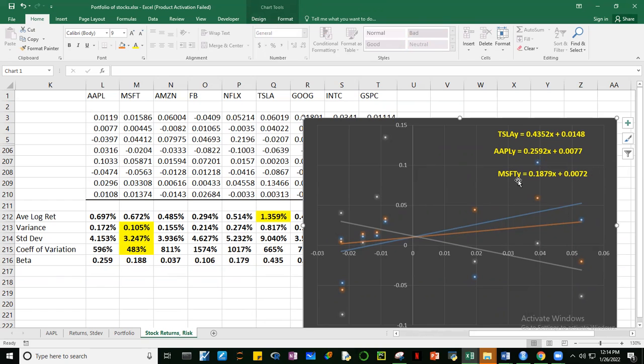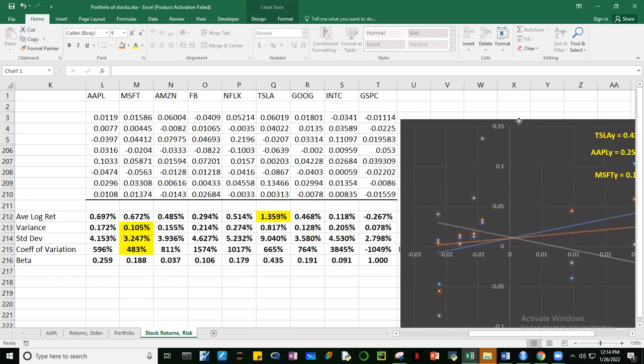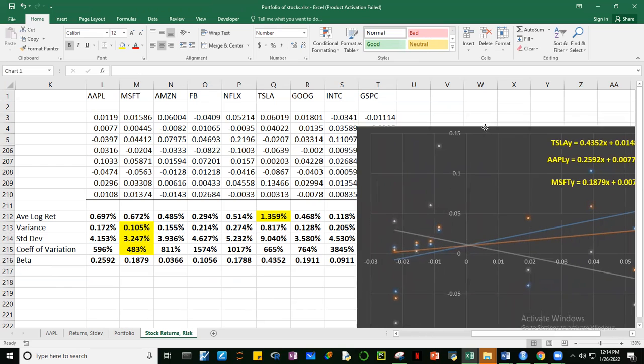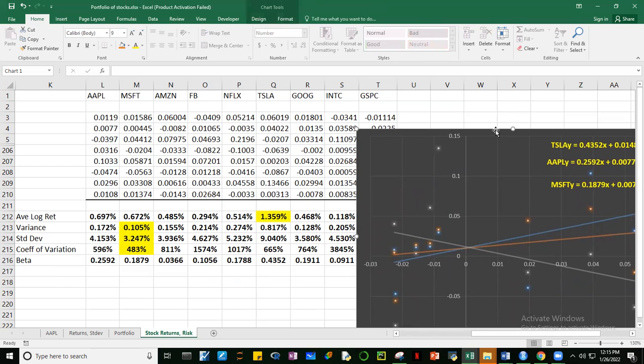Si Microsoft 1.879 if I increase that by 1 decimal place. Okay. And also si GSPC guys, eksakto yan. 1. Bakit? Bakit si GSPC 1? Kasi the slope of GSPC with respect to GSPC is definitely the slope is 1. Kasi pareho lang siya. No? Alright? So si Tesla naman, 0.352. That's where we got the 0.352.